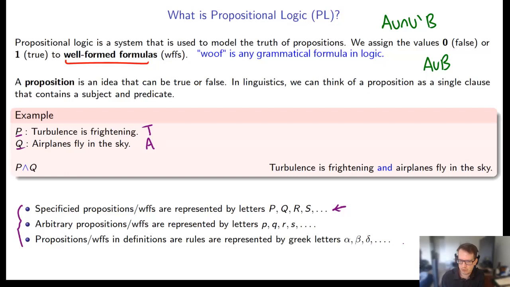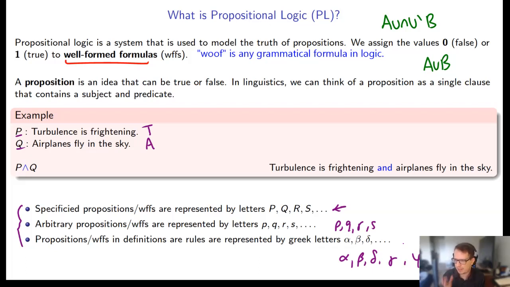But often when we're just talking about random sentences, so we don't actually pick a sentence, but we're just playing around with the variables, we use lowercase letters like p, q, r, s. And when we talk about the theoretical stuff, we use Greek letters like alpha and beta and delta and gamma and phi and psi.